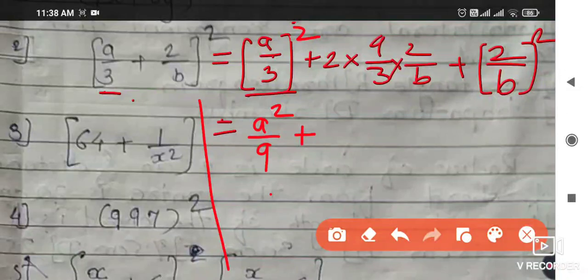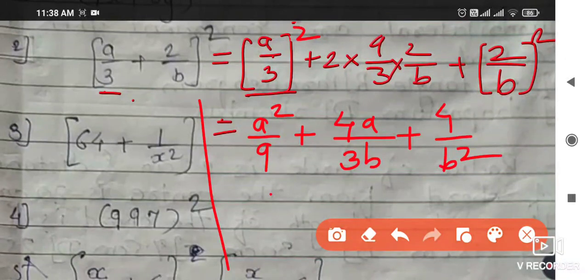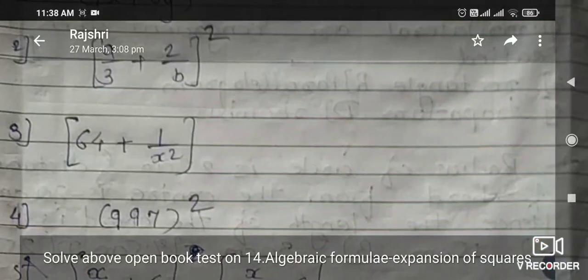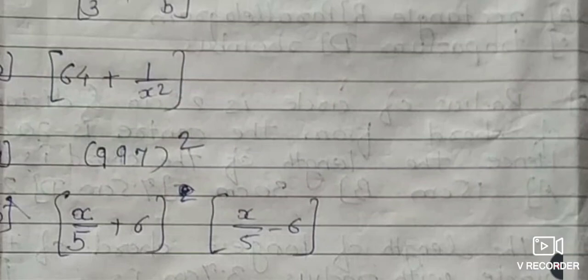So 2 twos are 4a upon 3 into b, 3b, plus 2 square is 4 and b square is b square. So a square upon 9 plus 4a upon 3b plus 4 upon b square is the expansion of this question. Now we'll see the next question.